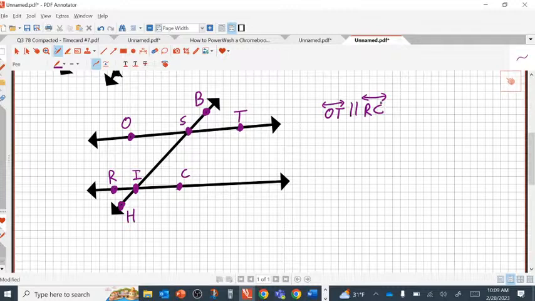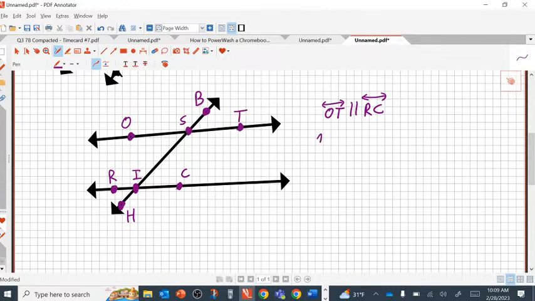I'm also going to tell you that the measure of angle 1, the measure of angle OSB, is equal to 4y plus 18 degrees, and the measure of angle HIC is equal to 2y minus 63 degrees.